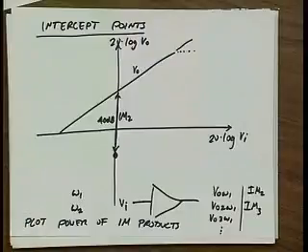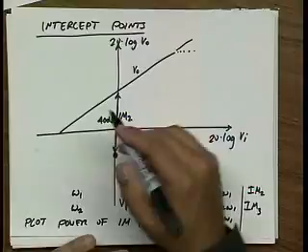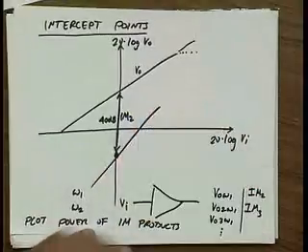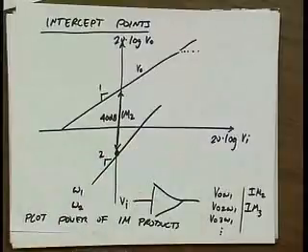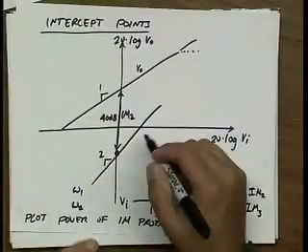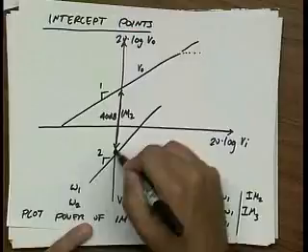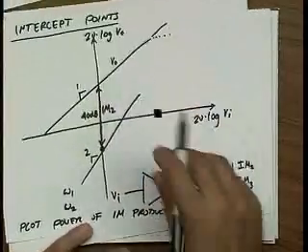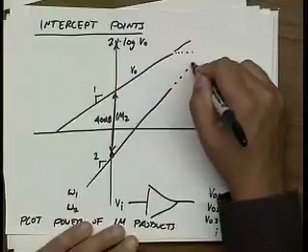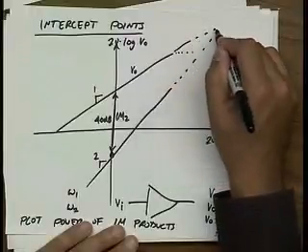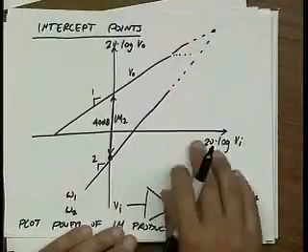Well, if we're talking about IM2, we know that IM2 is proportional to the square of the input power. So if I were to plot this on the same plot here, if this slope were 1, this slope would be 2. So I find that my intermodulation term grows faster than my input. And eventually, if I make my power large enough, these 2 points will intersect.